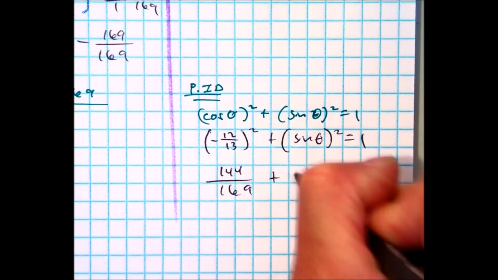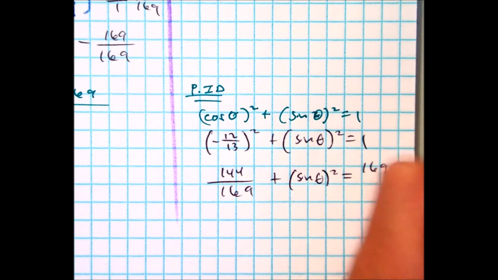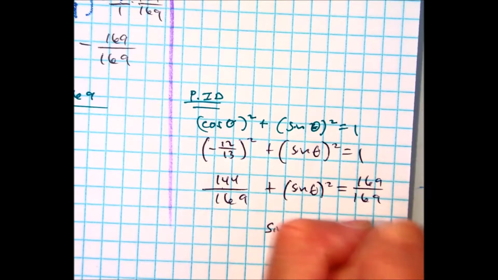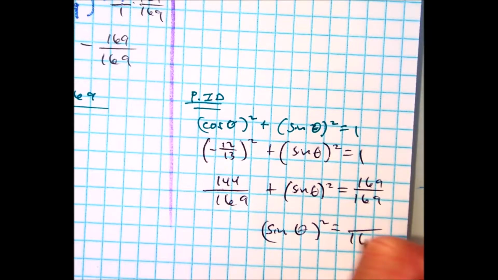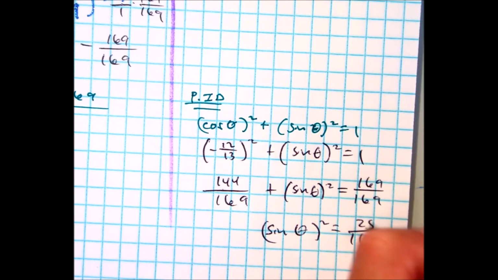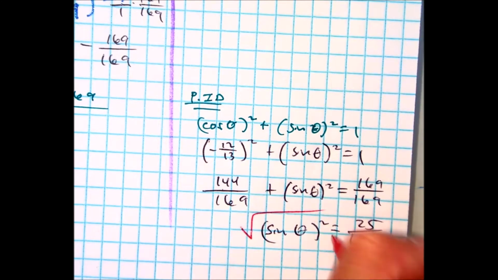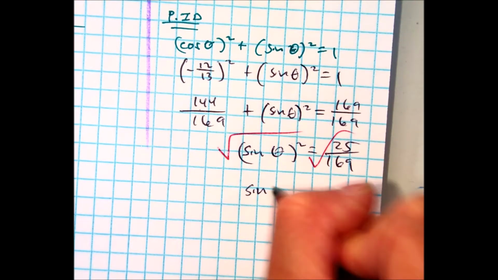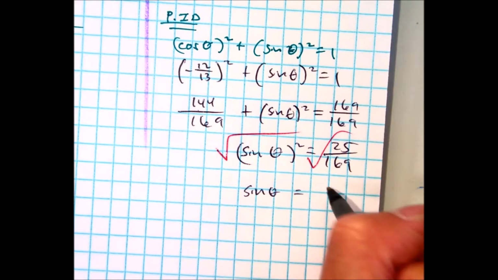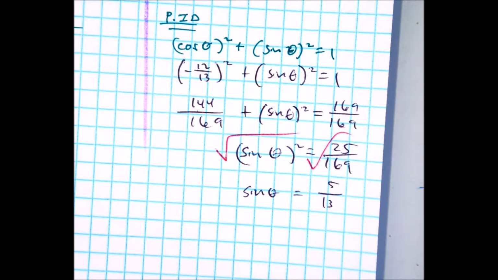And that 1 is going to turn into 169. And if I subtract it from both sides, what does the numerator become? 25. I'm going to take the square root there. Sine of theta is going to be 5 over 13. Positive or negative? Positive.